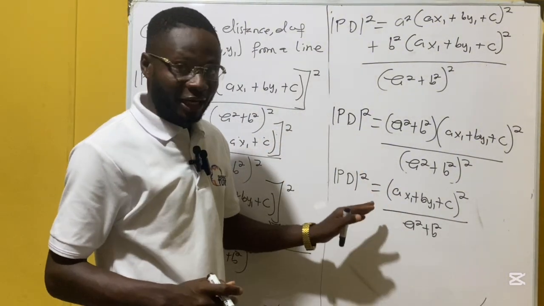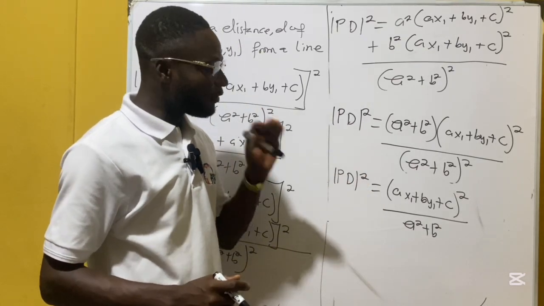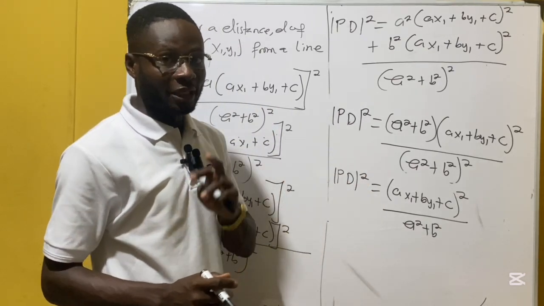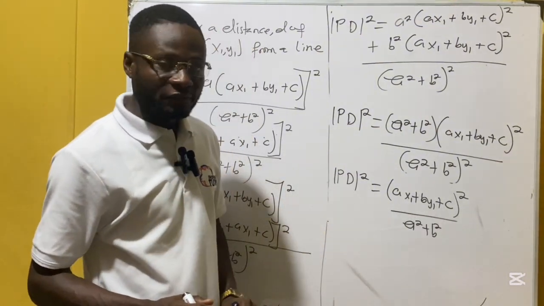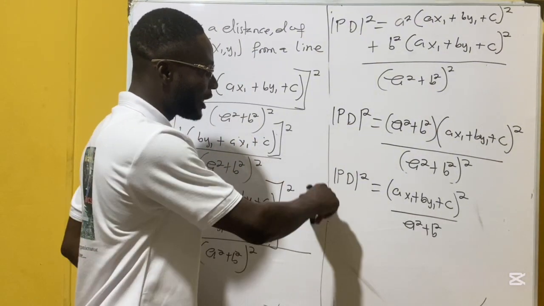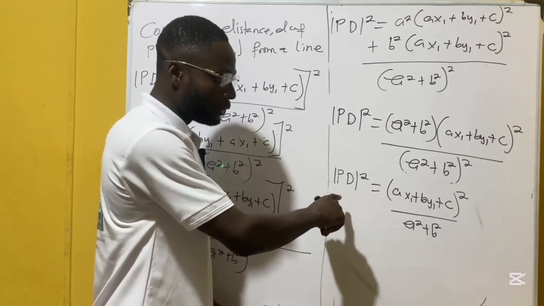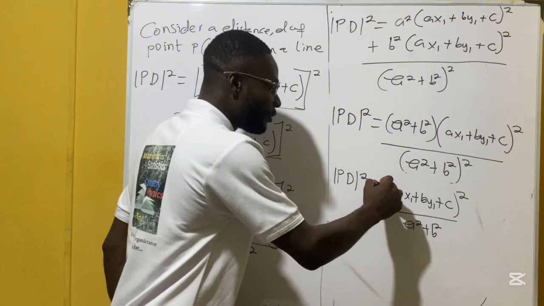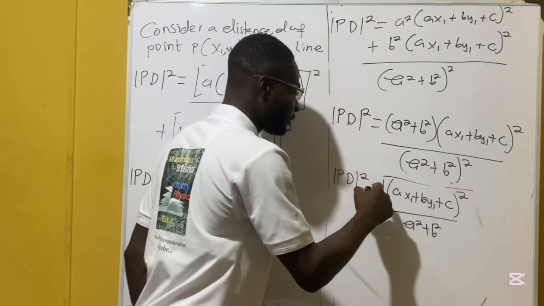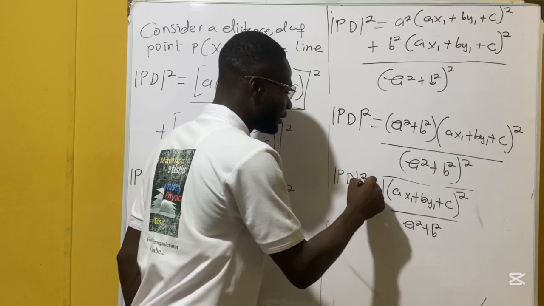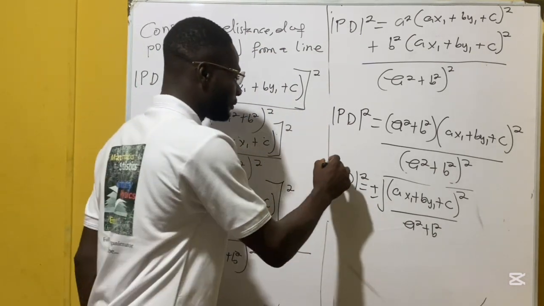So you see we are getting to have the formula for distance of a point from a line, right? So from here, we can notice something from this section. We are interested in the distance PD. So what do we do? We square root both sides. So square rooting both sides, this is going to be plus or minus, right?